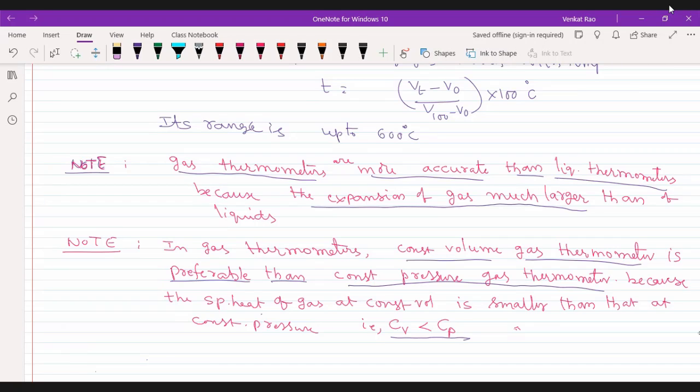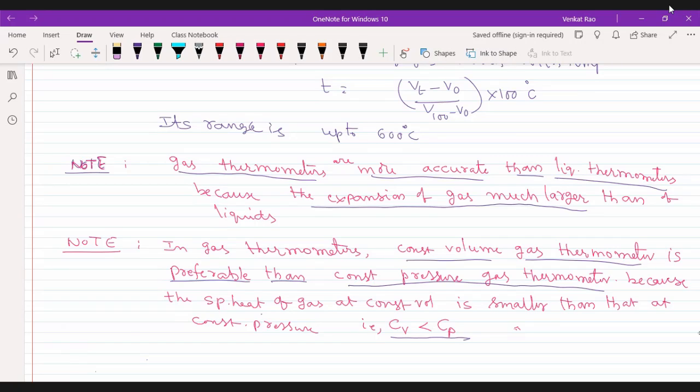This melting point and boiling point are 0 and 100 under normal atmospheric pressure conditions. If the pressure varies, they also vary. So they are not unique values.